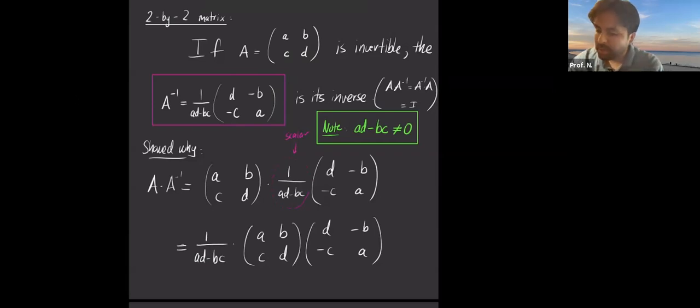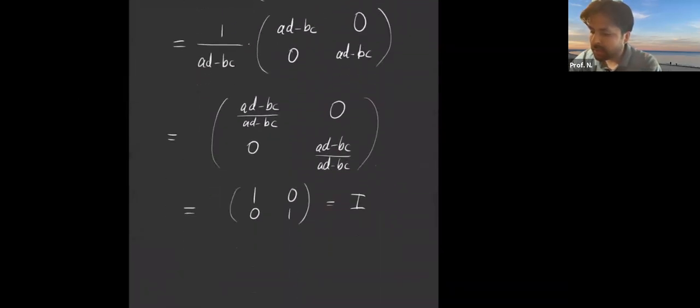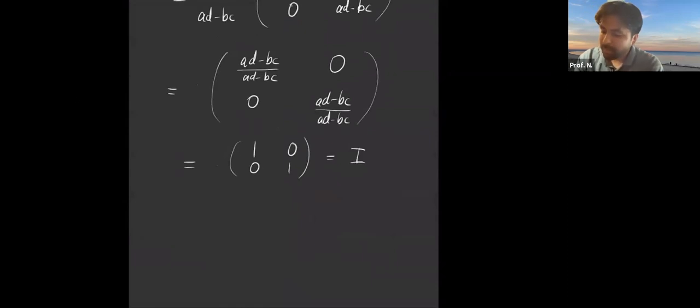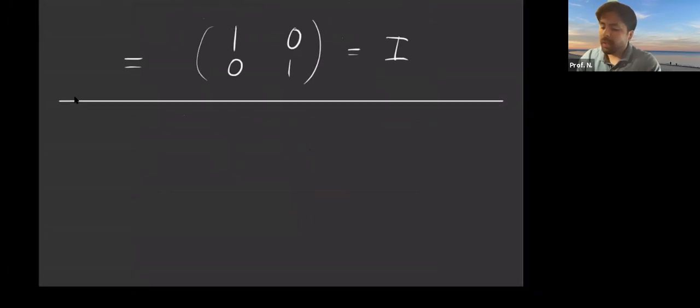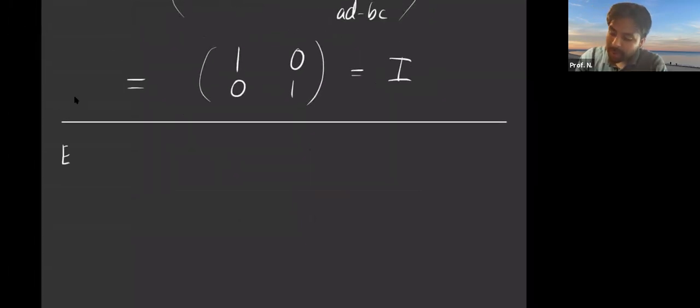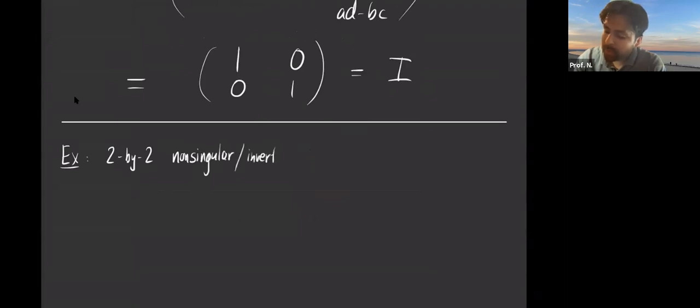Okay, so maybe we should look at a specific example. So we're going to consider the case where we have a 2 by 2 non-singular matrix. Non-singular, in other words, aka invertible.